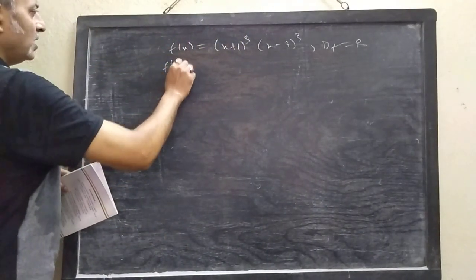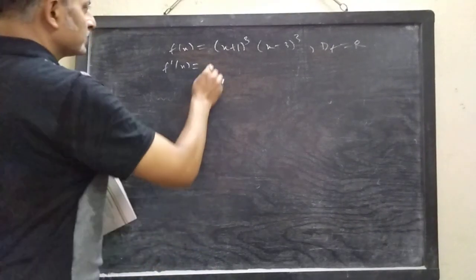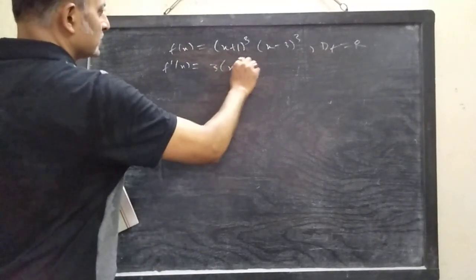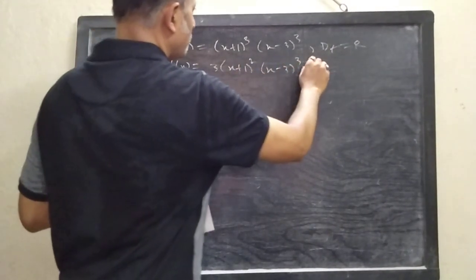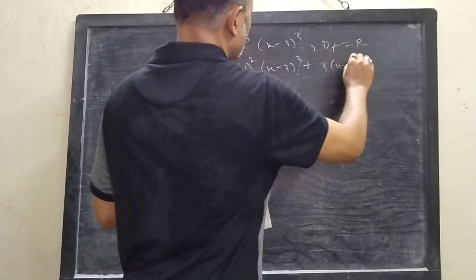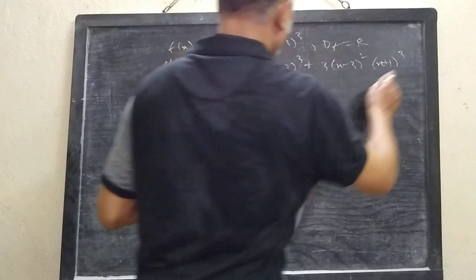So find f dash x. This will be 3 into x plus 1 whole square into x minus 3 whole cube plus 3 into x minus 3 whole square into x plus 1 whole cube.